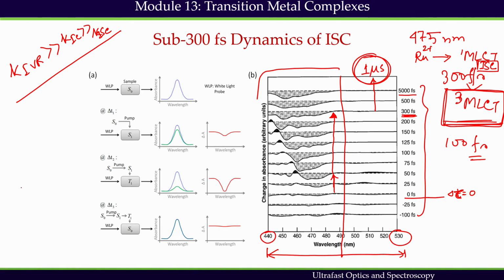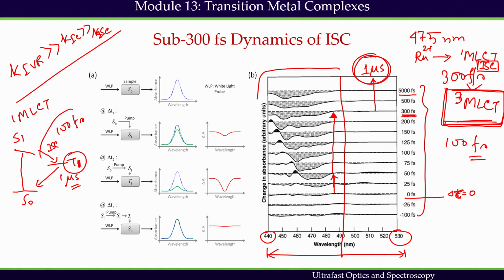What does it mean? For this complex, after we excite to the S1 excited state, which is nothing but the metal to ligand charge transfer state, it comes to the T1 state through ISC in 100 femtoseconds. But this T1 state, that triplet state, does not decay to the S0 state because the lifetime of the T1 state is found to be 1 microsecond, which follows traditional photochemistry, but the S1 to T1 time scale does not.